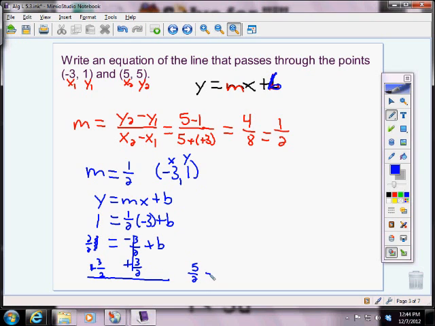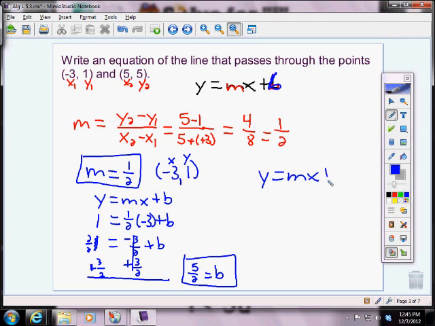This cancels, equals b. So now we have our slope, we have our y-intercept, plug it in here. Y equals our slope, 1/2 times x plus our y-intercept.